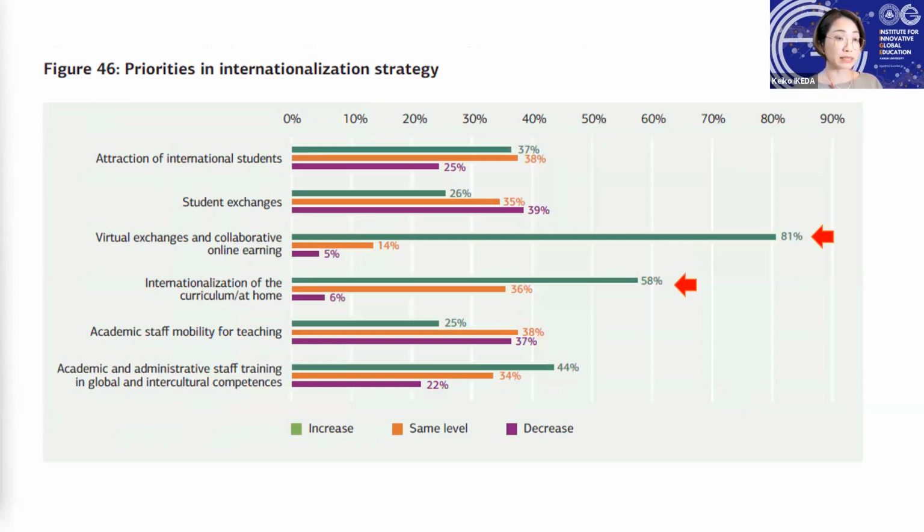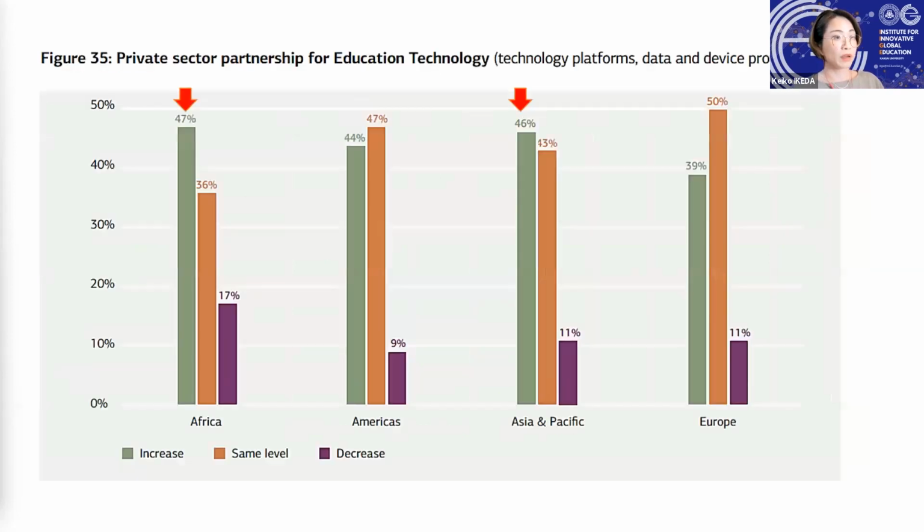The pandemic has clearly stimulated an increase in the importance of virtual exchanges and collaborative online learning and internationalization of the curriculum at home, as you could have expected, and as you can see in the slides as well. For the mobility effect, because of this context, the results are more mixed. In this slide, in order to enable virtual exchange, we all know that technology, the EdTech, plays a very important key role.